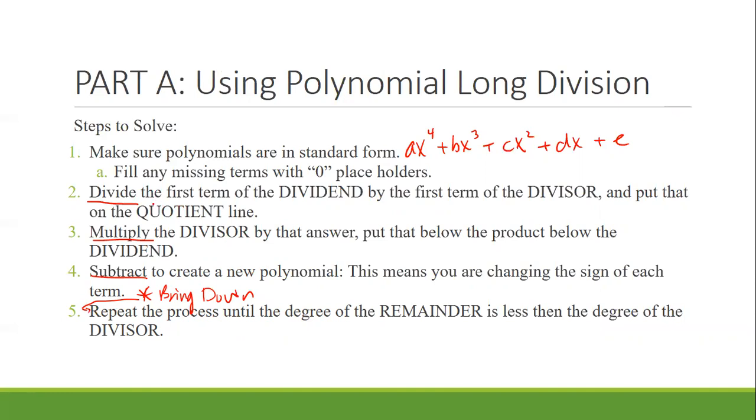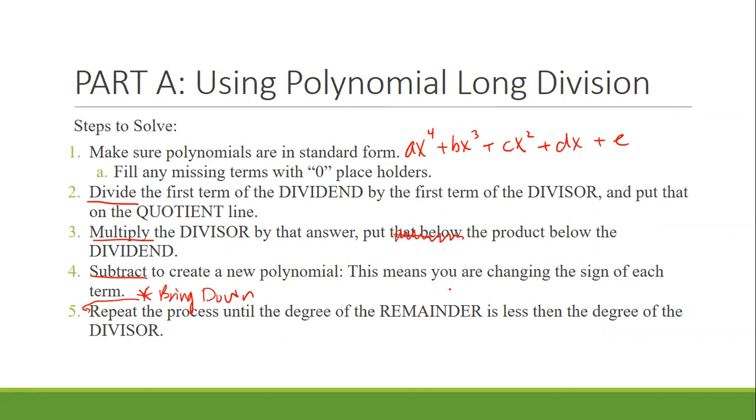So same thing here. When you divide, it's the first term of the dividend by the first term of the divisor, and you put that result on the quotient line. Then we're going to multiply the divisor by the answer, and put the product below the dividend.